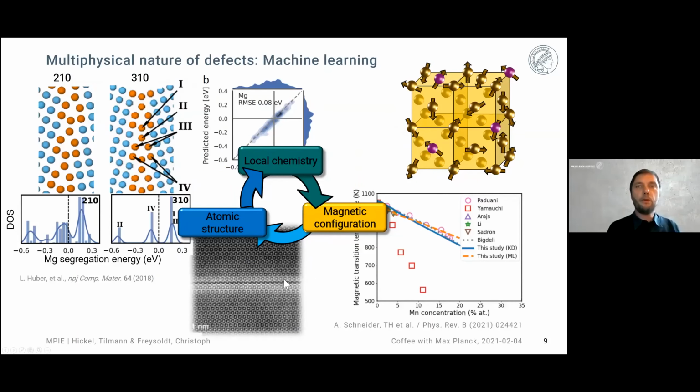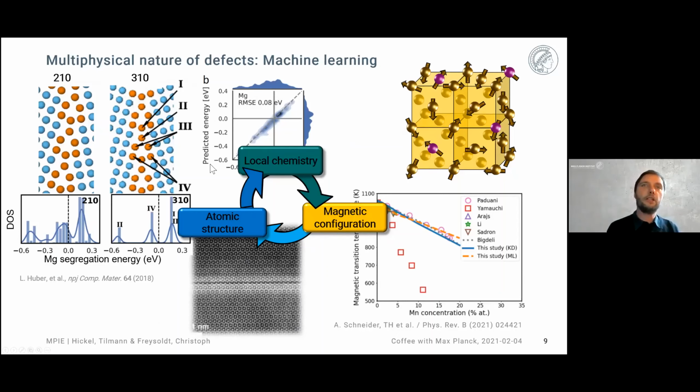One promising approach to handle this complexity is machine learning. And we have meanwhile used machine learning approaches for all these aspects which I have mentioned. We have used them to handle the complex multidimensional space of magnetic structures.